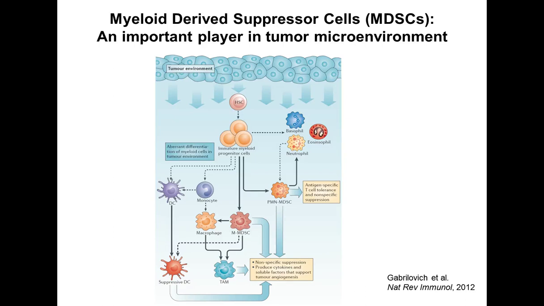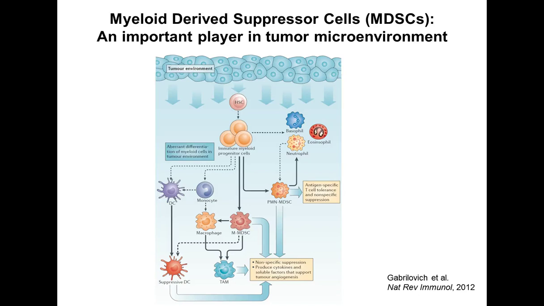One is called the polymorphonuclear MDSC, also known as granulocytic MDSC, because their morphology is similar to granulocytes. The other is called the monocytic MDSC because their morphology looks more like a monocyte. Both of these MDSC populations can inhibit T cell activity through different mechanisms.